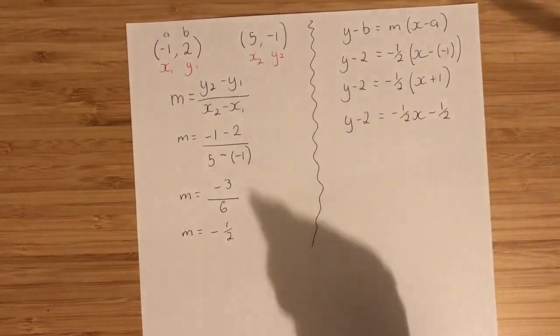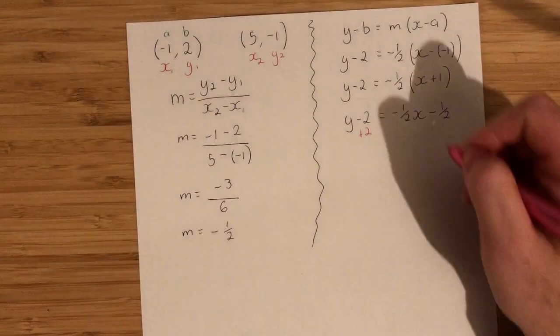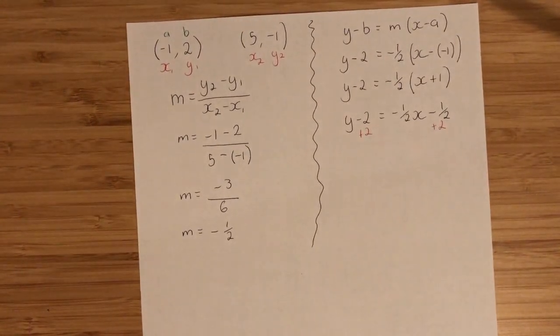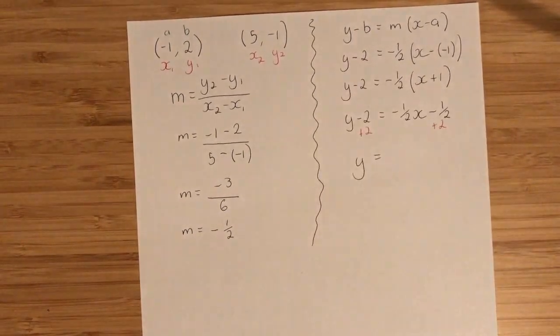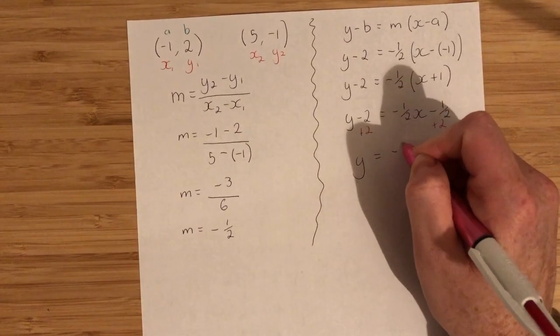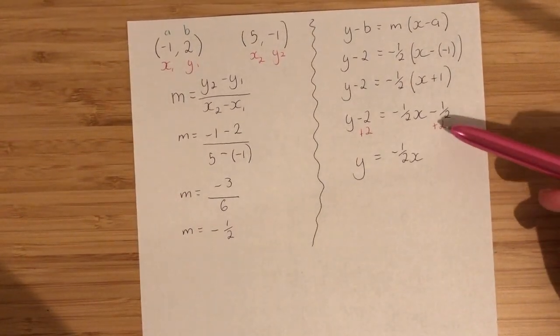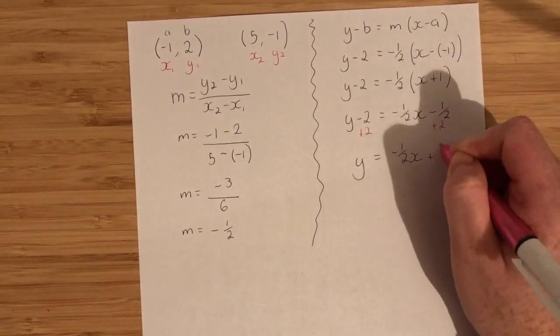So to get the 2 over there, we're going to add 2. And if we add 2 on that side, we have to add 2 on the other side. So we're just left with the y by itself on this side. Negative a half x, and then you've got negative a half plus 2. So that is plus 3 over 2.